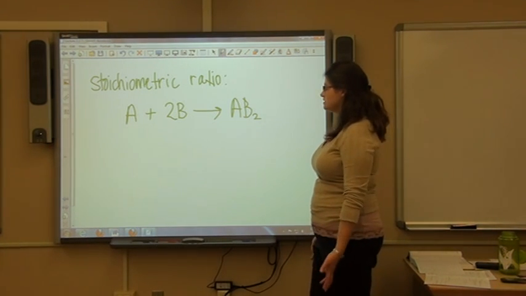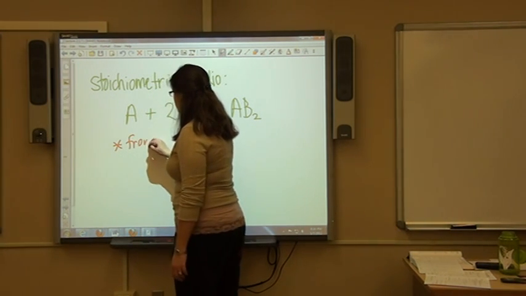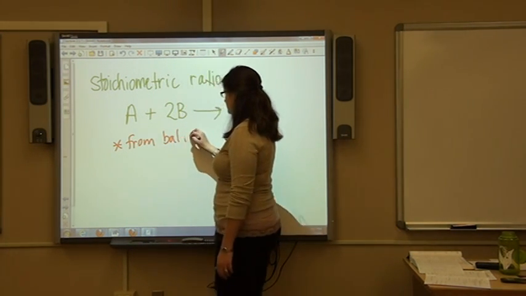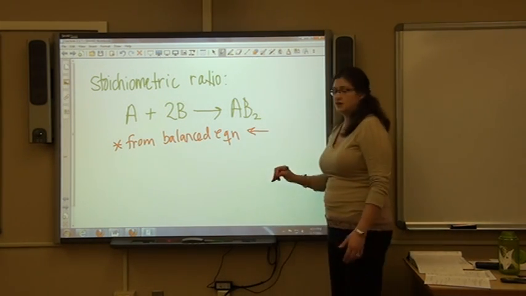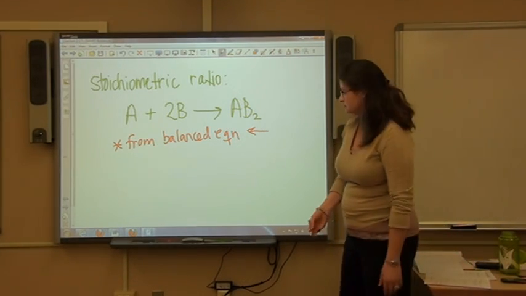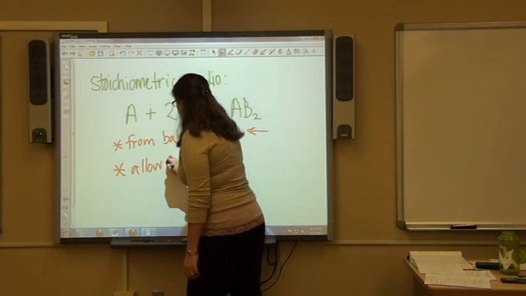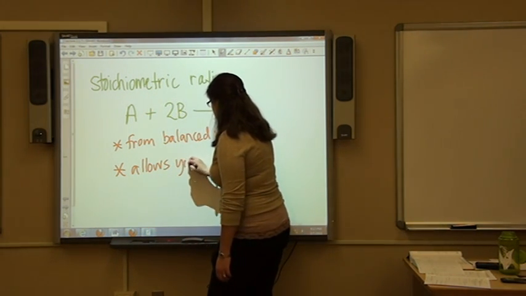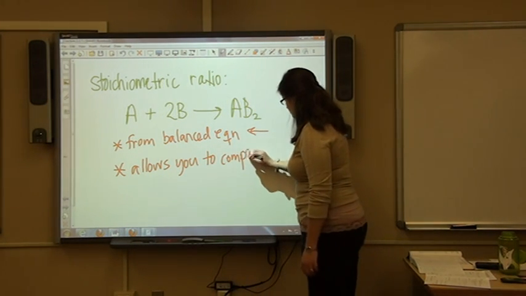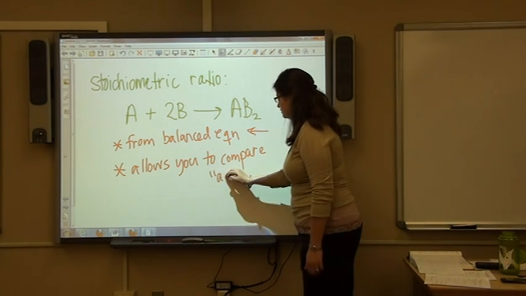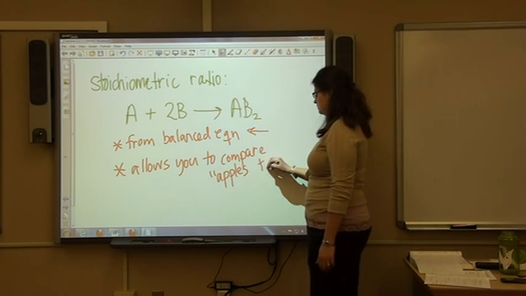So you're always going to get your stoichiometric ratio from your balanced equation. That's why it's important to know how to balance equations. And it's the thing that allows you to compare apples to apples.